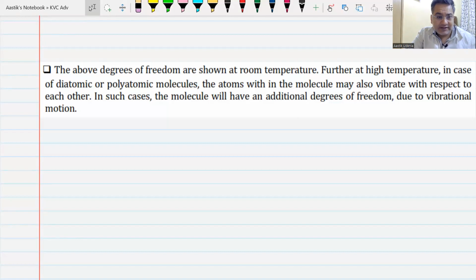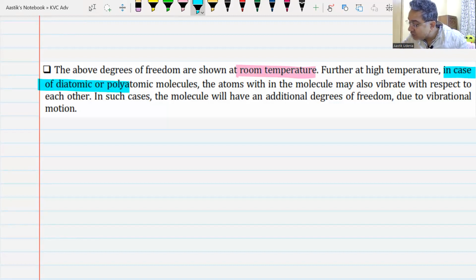Now remember that these degrees of freedom are only at room temperature. At high temperature, not for monatomic gases, they cannot vibrate. But at high temperature, in case of diatomic or polyatomic molecules, the molecules may also vibrate, and then vibrational energy comes into the picture.